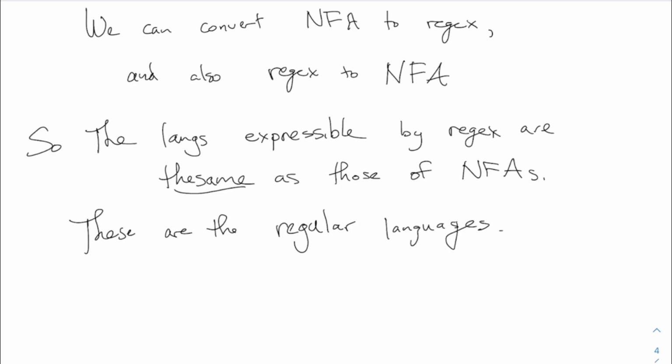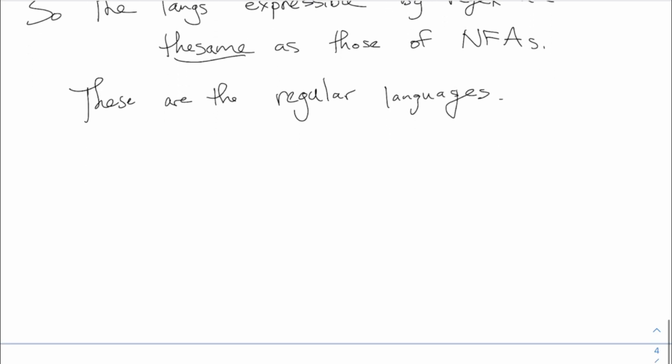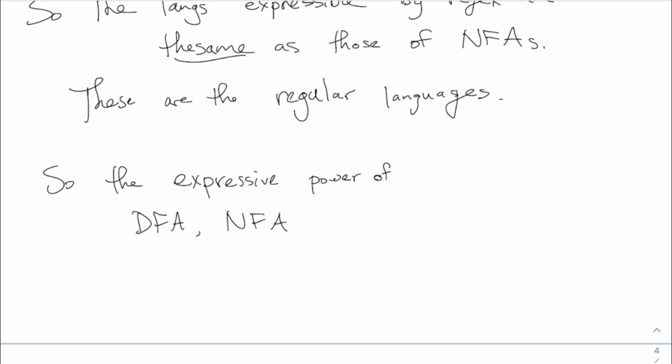So the big takeaway from this is the phraseology that folks in this area sometimes use. They say the expressive power of DFA, NFA, and regular expressions are all the same.